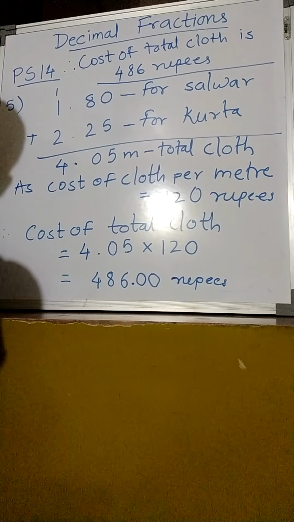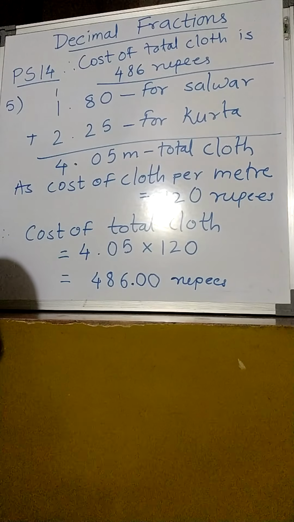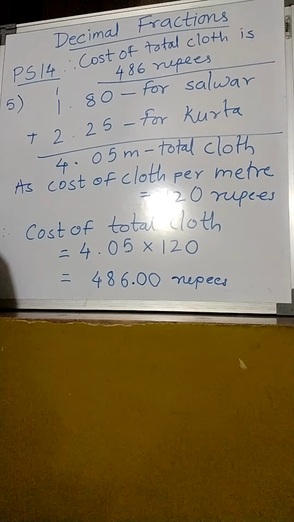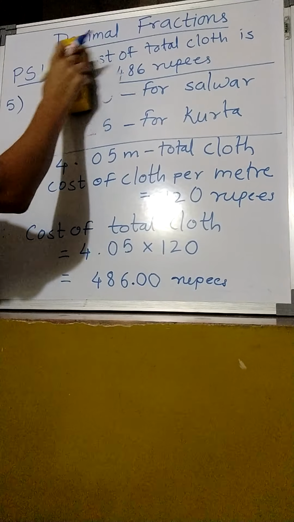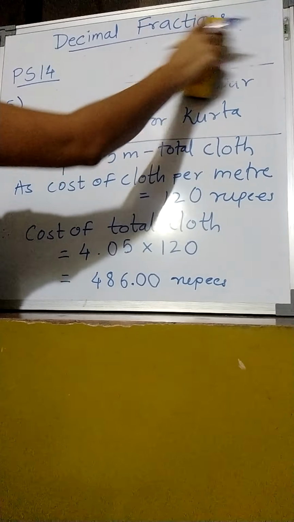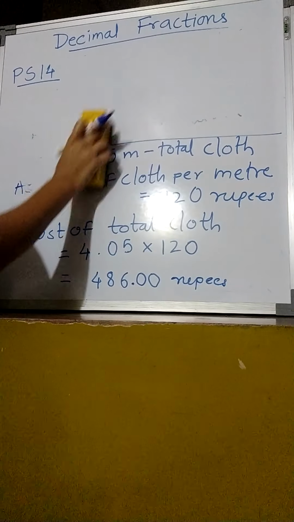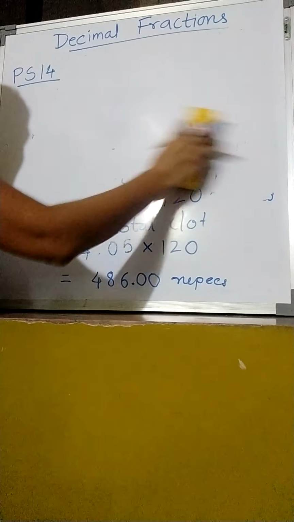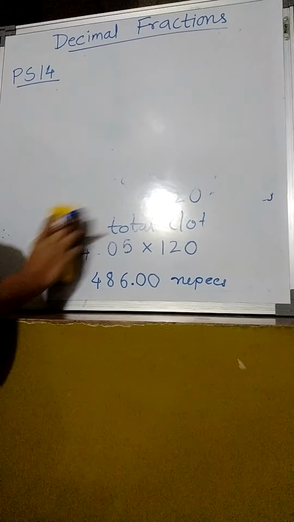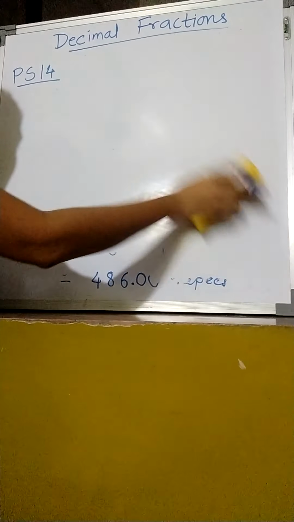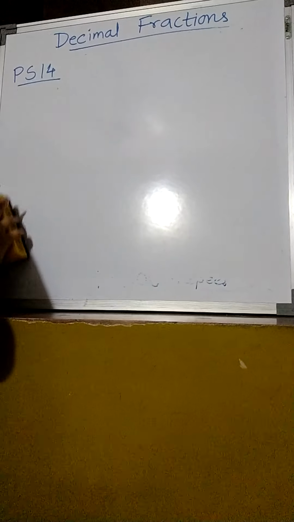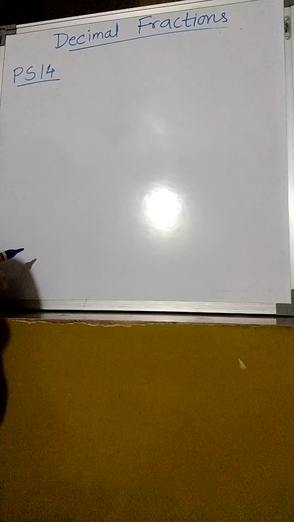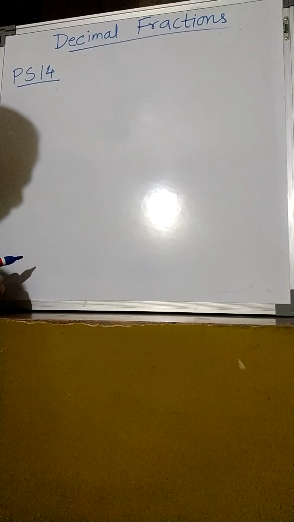Now let's move to the next problem. Sujata bought a watermelon weighing 4.25 kg and gave 1 kg 750 gram to the children of her neighborhood.